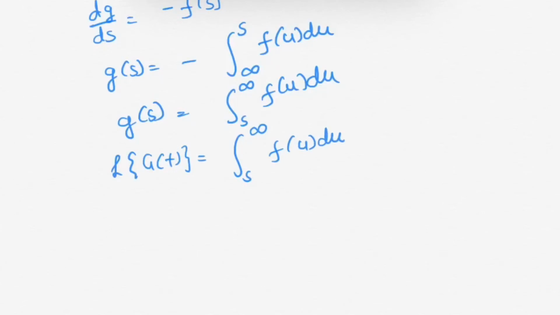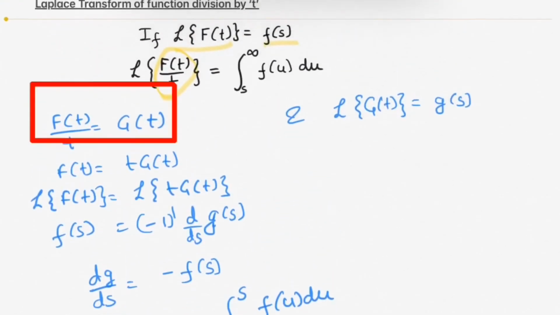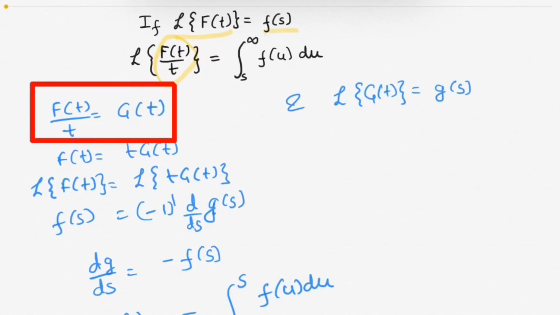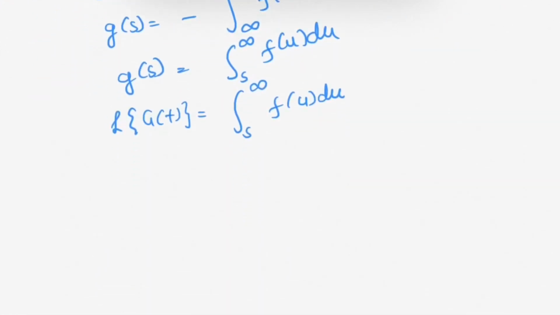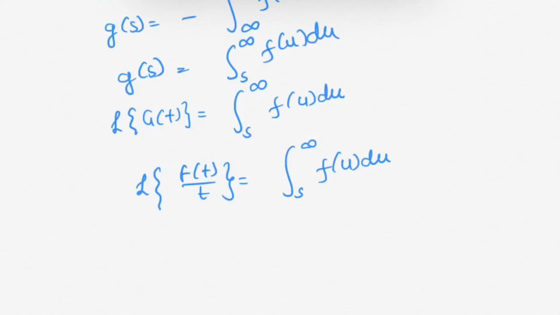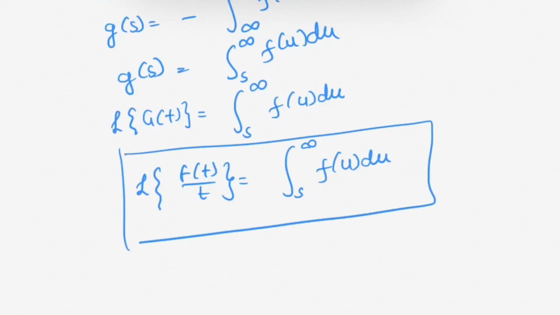And this function g(t) equals f(t) over t. So now we have the Laplace transform of f(t) over t equals the integration from s to infinity of F(u) du, and this is what we had to find.